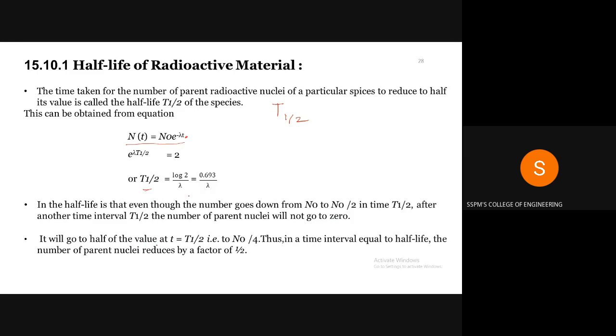It will go to half of the value at t equals T half, that is N0 by 4. Thus, in a time interval equal to half life, the number of current nuclei reduces by a factor of half.